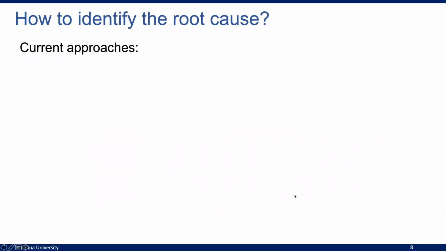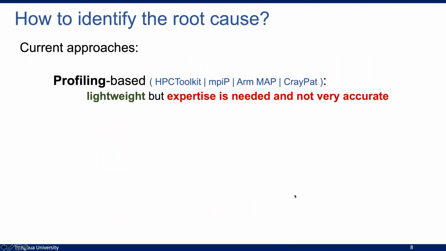Currently, there are mainly 3 kinds of approaches. First, profiling-based approaches, such as HPCToolkit, mpiP, and Rmap. They use sampling techniques to profile performance data, so these approaches are lightweight.